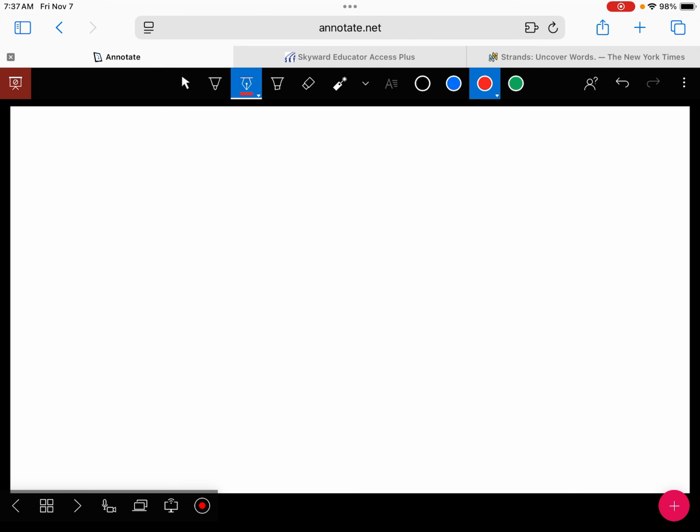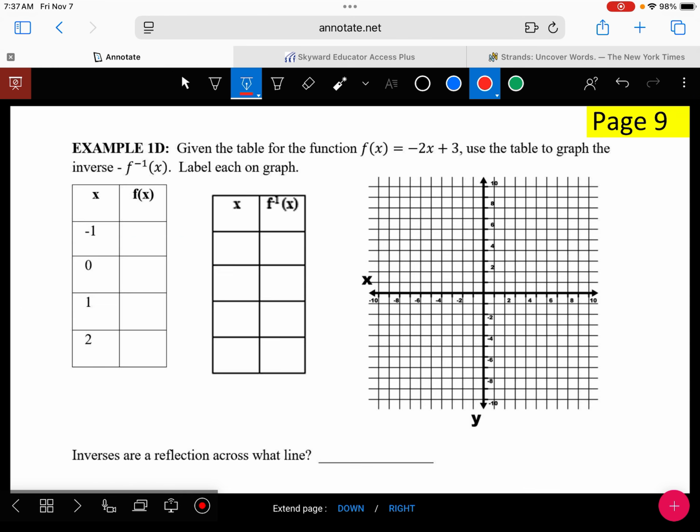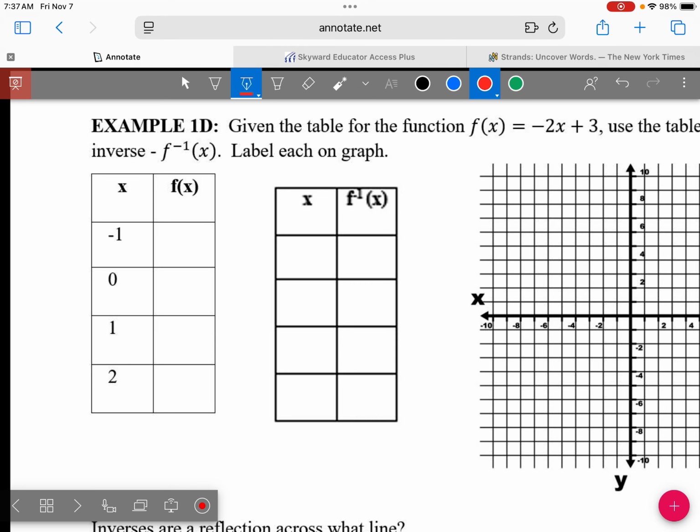The function that they gave us was -2x plus 3. So those are my 4 numbers. I'm going to substitute them in. So type in -2 times -1 plus 3. Then you're going to do -2 times 0 plus 3, -2 times 1 plus 3, and -2 times 2 plus 3.